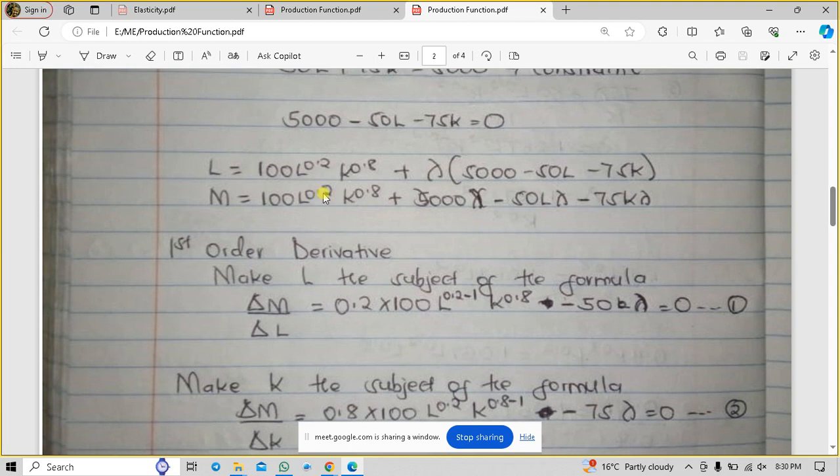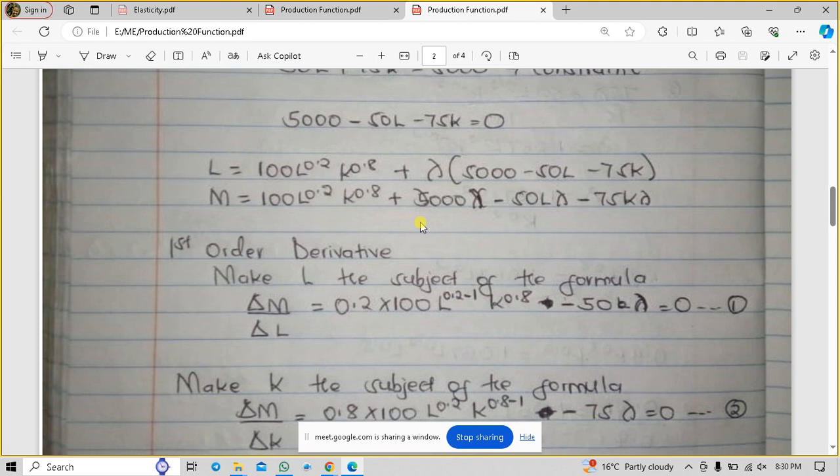So you say 0.2 times 100, then L to the power 0.2 minus 1. Then after differentiating L, K remains constant, so K to the power 0.8 as well.